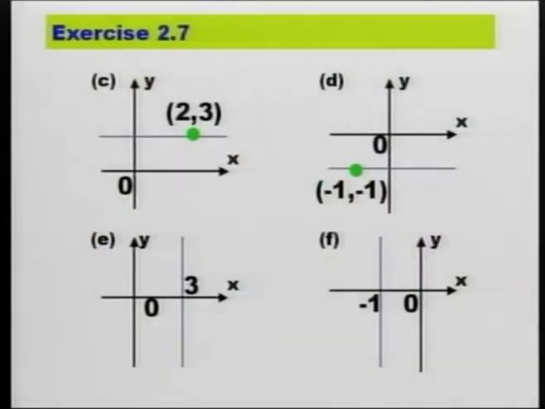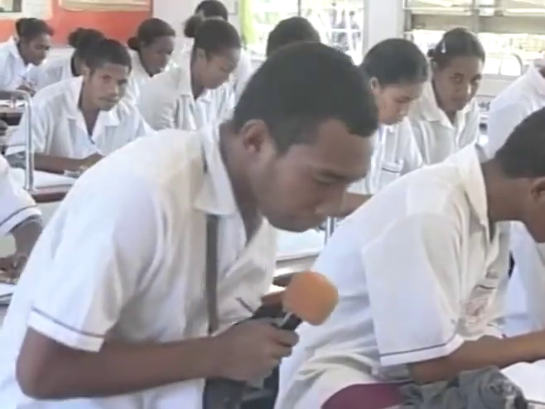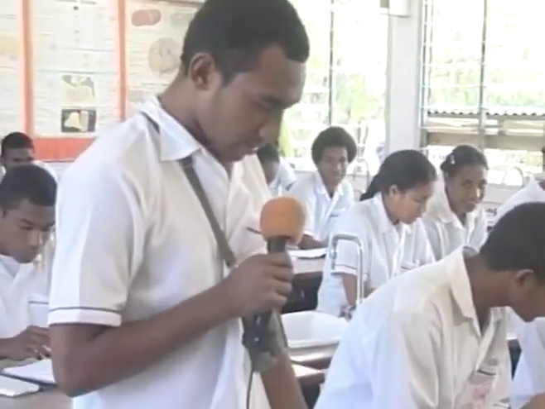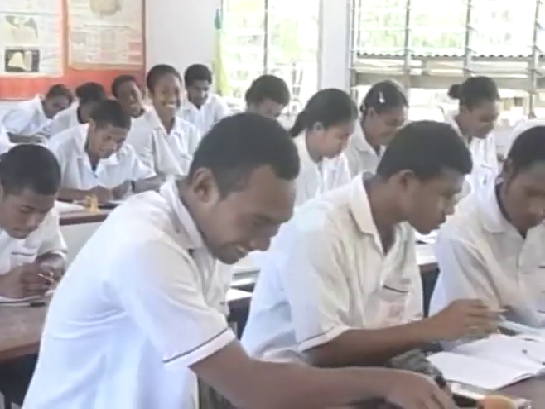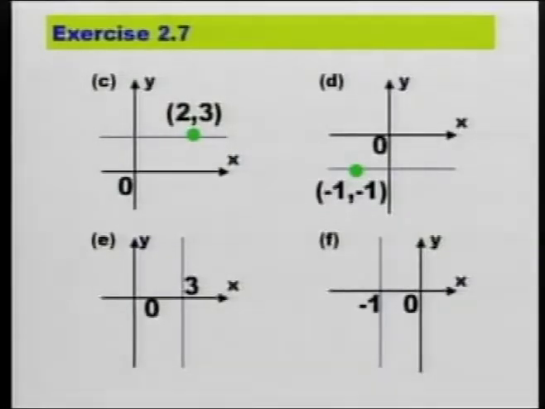Tamaku, for letter E, what's the equation of the line? x equals 3, that's better. Kyle, F? x equals -1.